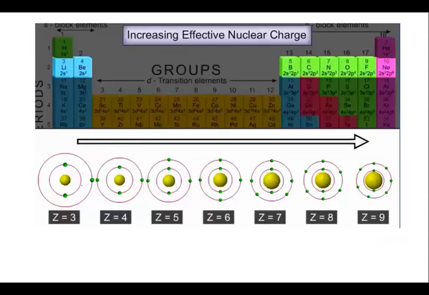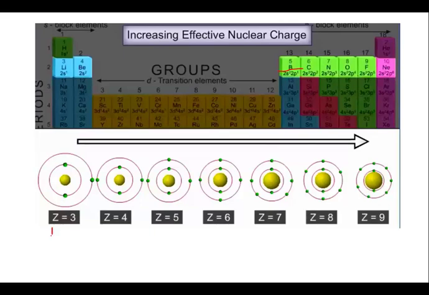The decrease in atomic radii across the period can be explained on the basis of addition of electrons within a particular atom or element. In this case, period 2 elements are shown: lithium, beryllium, boron, carbon, nitrogen, oxygen, fluorine, and their electronic representation is mentioned.